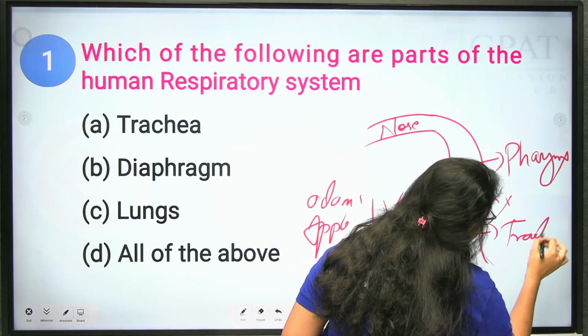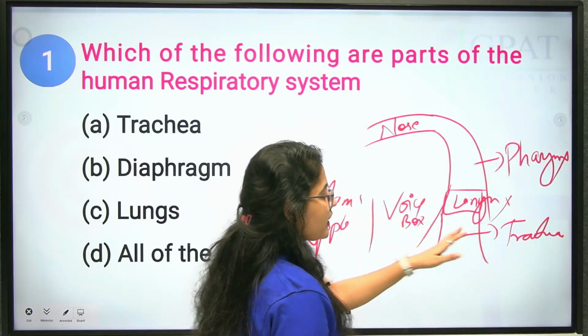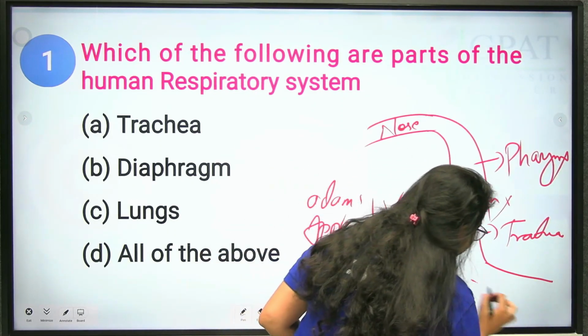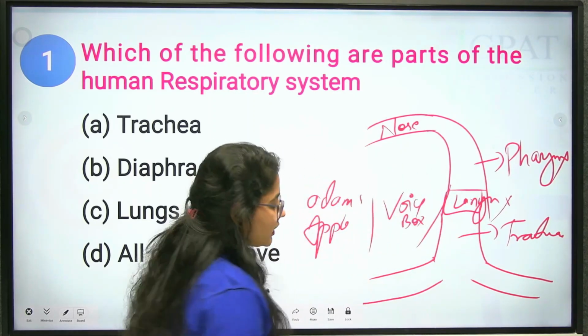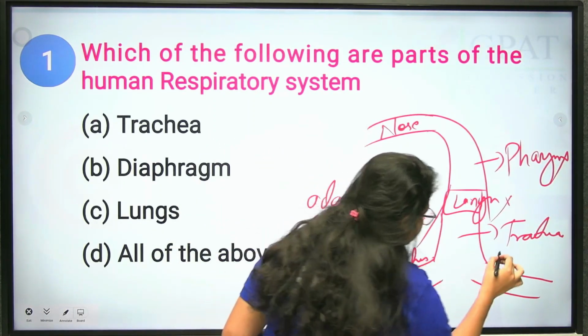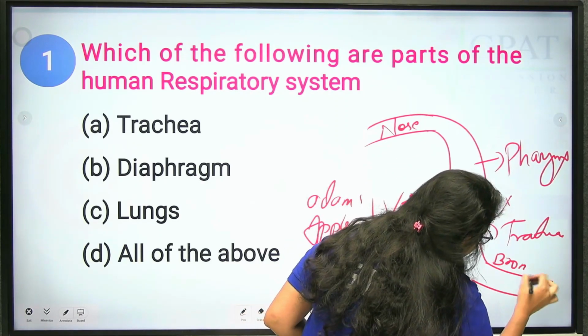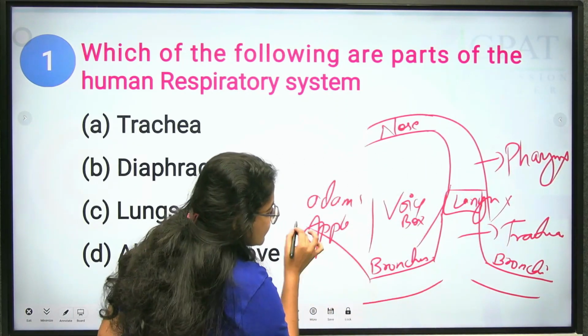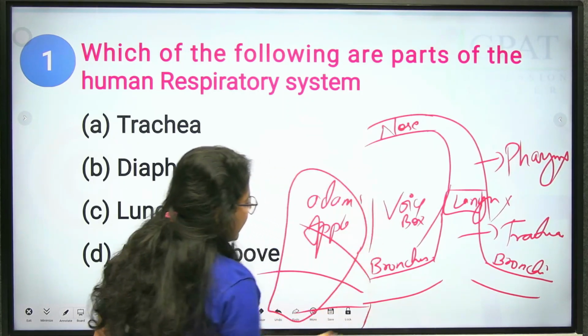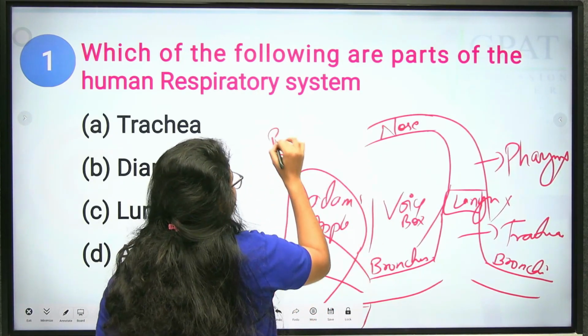After the end of the trachea, we have two bronchus, also known as bronchi. Next we have the sub branches spread all over your lungs, known as your bronchioles.